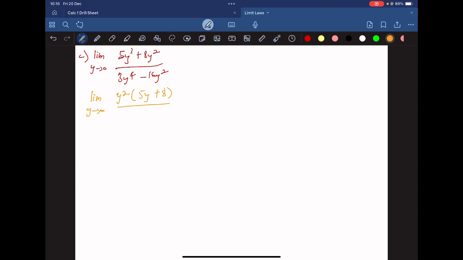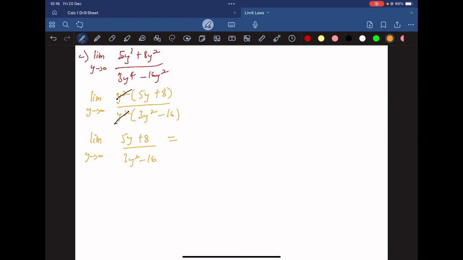In this denominator, we can also factorize y squared as a common term, right? So we have y squared, then this is 3y squared minus 16. So now, the y squared terms cancel out. So you just have limit as y approaches 0 of 5y plus 8 out of 3y squared minus 16.